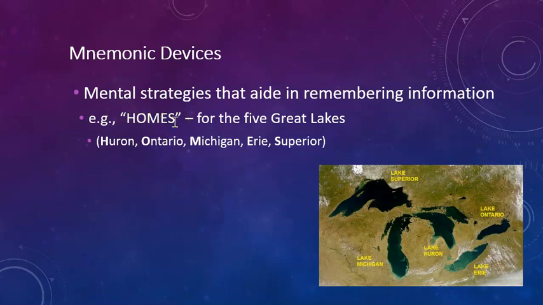Let's just call it a mnemonic device for remembering the names of the 5 Great Lakes. So we've got Huron, Ontario, Michigan, Erie, and Superior. Now here, we don't care about the order of things, but we just need to remember what they are. So we've got the word HOMES made up of the first letter of all the names.